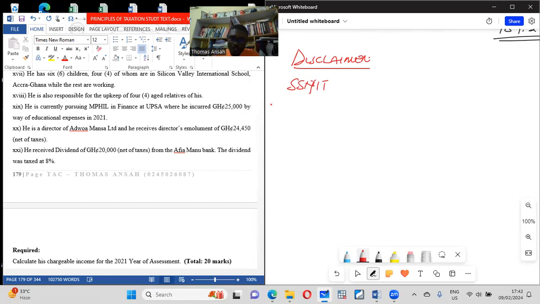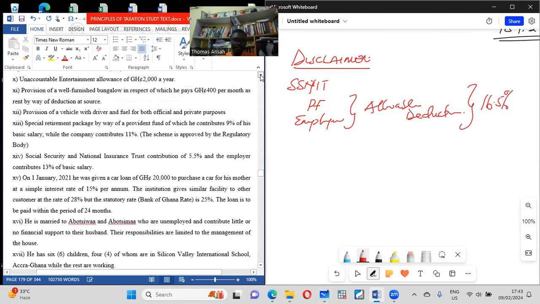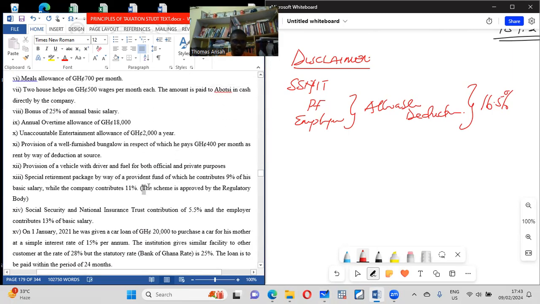So for what we've learned, we've realized that both the provident and the employer contribution is an allowable deduction. Take note of that. So far as they are within the range of 16.5%, unless otherwise instructed.